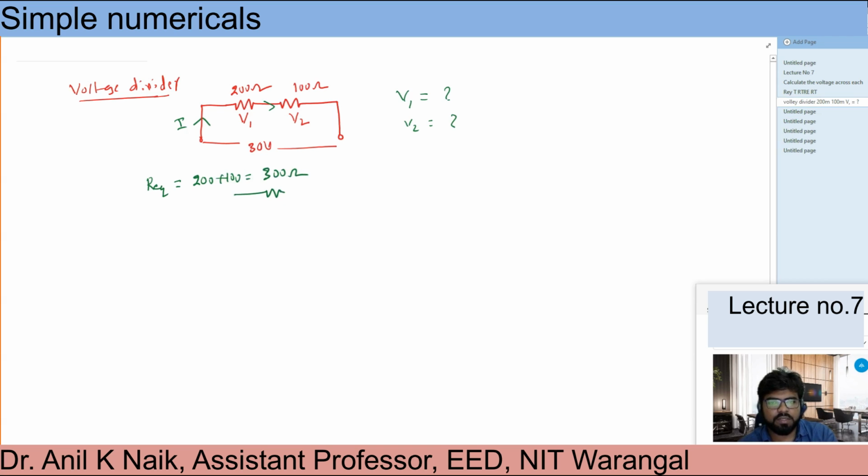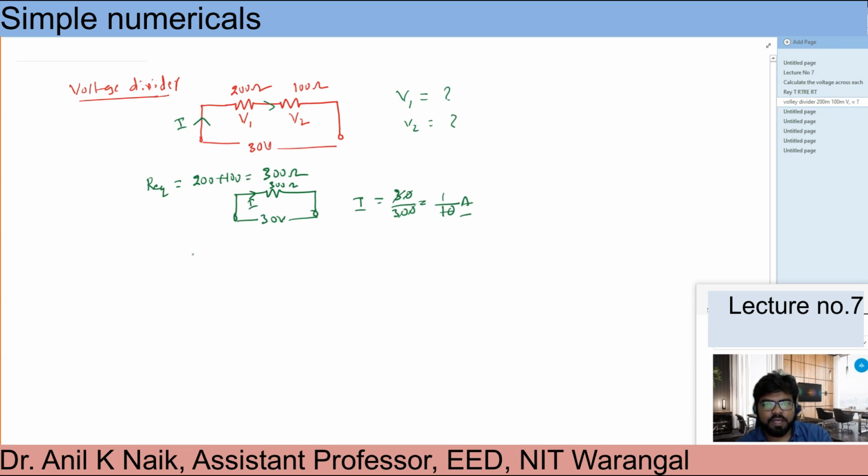So this is my circuit now. 30 volts is there, and this is 300 ohms resistance, and I need to find what is I here. Can you find this I also? Of course you can find. This is V by 300. If you do this one, you are going to get 1 by 10 amperes as the current flowing through this circuit.